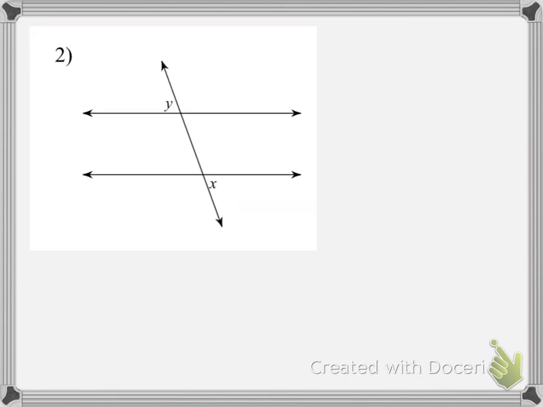Now, here's a different pair of angles. Here's X, here's Y, but this time, both of these angles are on the exterior. They're outside the 2 lines.